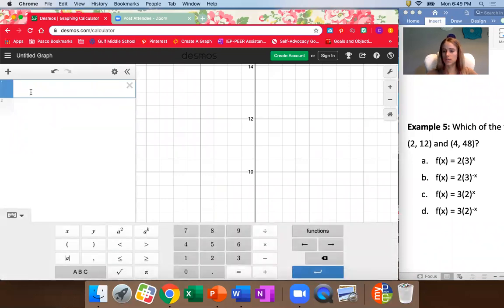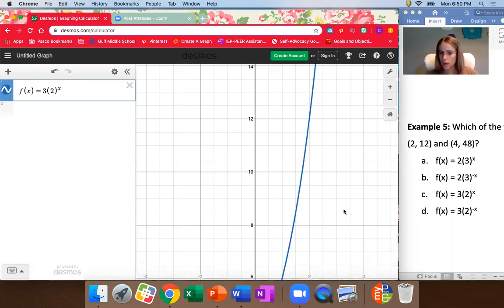Clear. Try again. So f of x is equal to 3 times 2 raised to the power of positive x this time. All right, now I'm already here. Oh, is it on (2, 12)? It is. That's a good sign. But because it says and right here, I need to make sure that it passes through both ordered pairs.